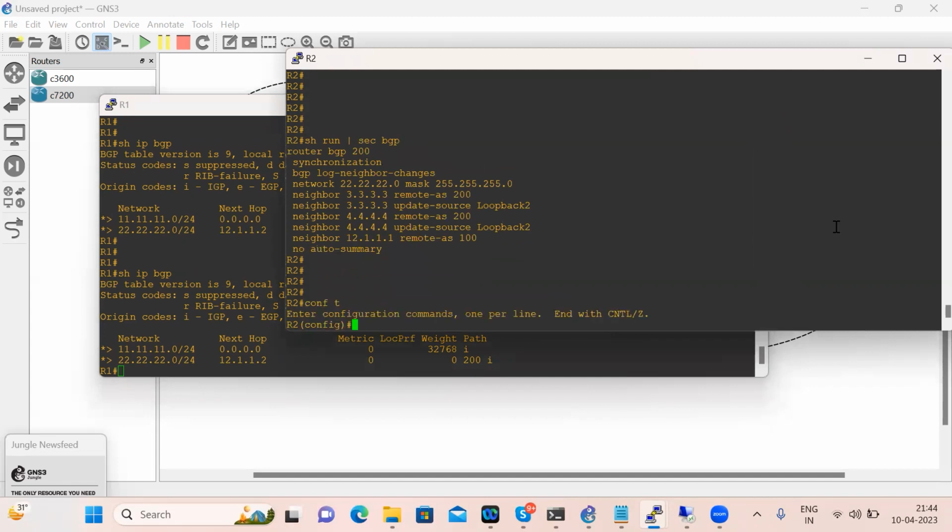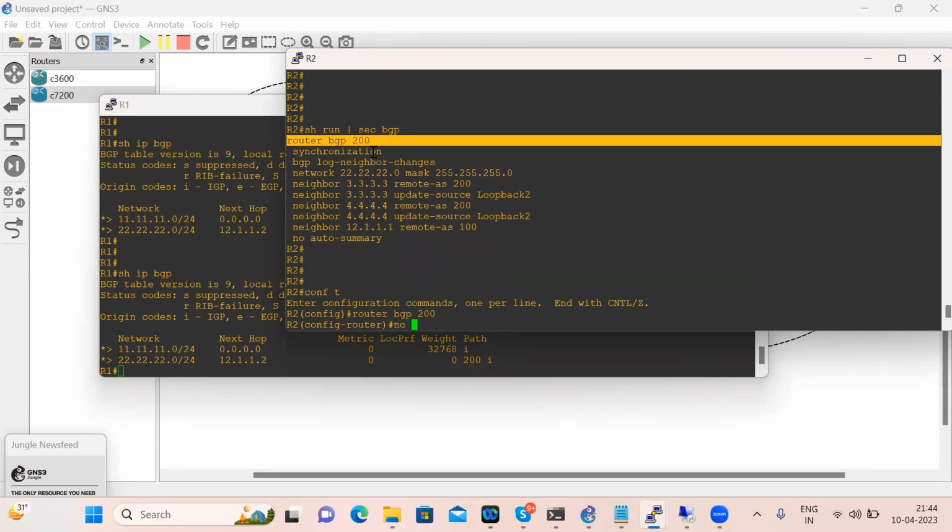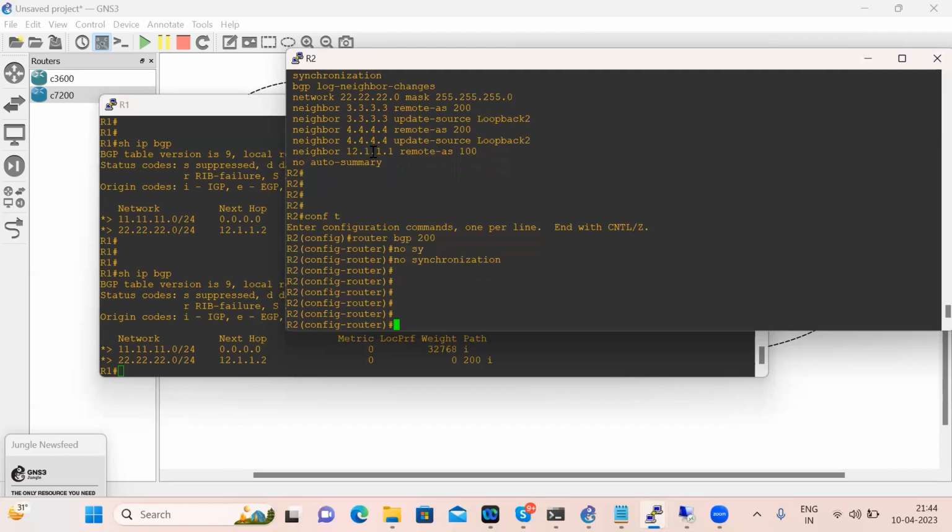Now if you say no synchronization, it will advertise the learned networks to router 1.